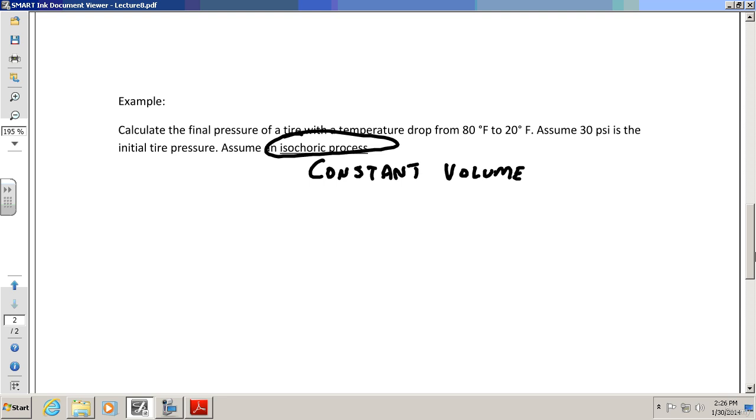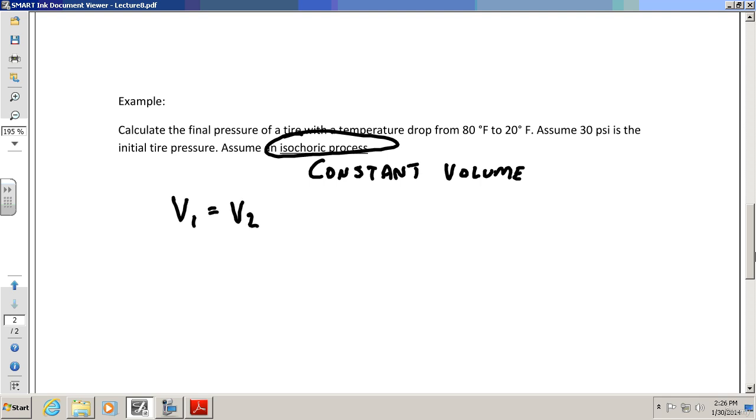We're assuming in this process that the rubber in the tires is not really stretching any different between these two places, and that's roughly true. It's not much. So we're going to assume a constant volume process, which means V1 equals V2.